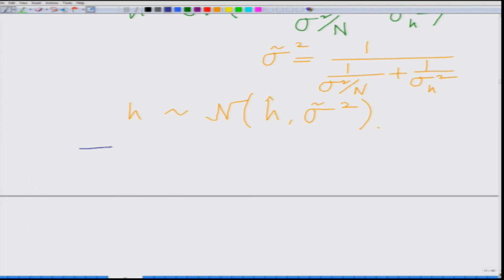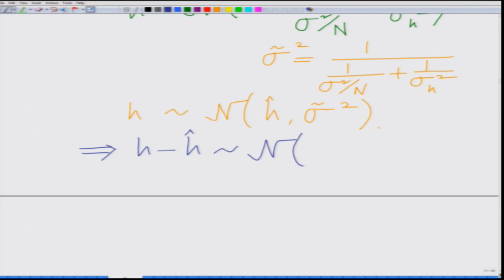Therefore, if I look at this error, H minus H hat, from the parameter I am subtracting the mean, which makes the mean 0.